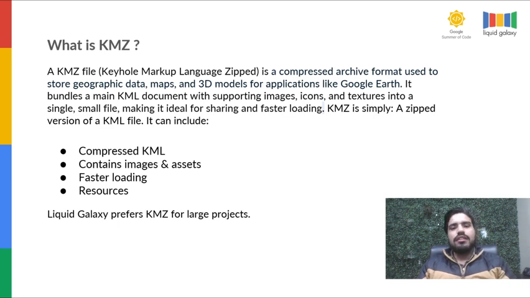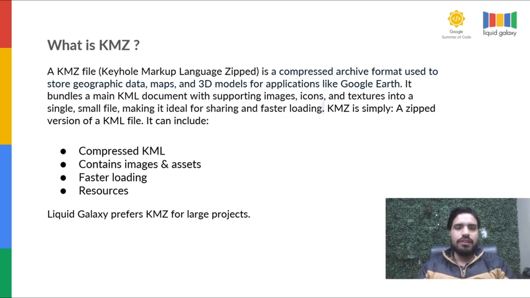If I take an example of KMZ, in task 2 we have to display a 3D model on Google Earth, but before that we have to test it. To display the 3D model on Google Earth, we need a KMZ file.